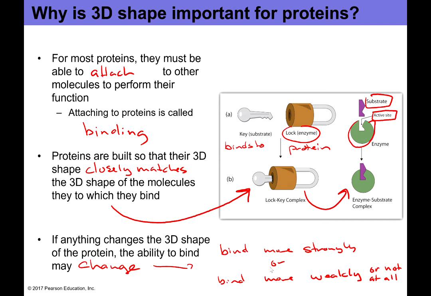It's possible that a mutation can cause a change in a protein that results in it binding more strongly to something. Or if it alters the 3D shape so that it's less like what it's trying to attach to, so that the shape becomes wrong, it will bind more weakly or potentially not at all.